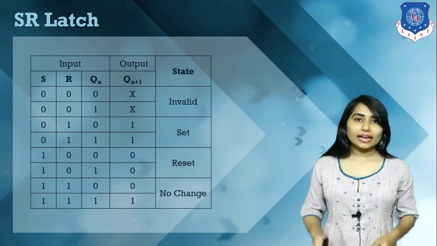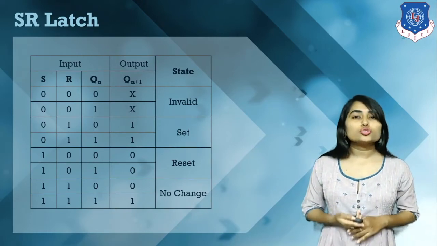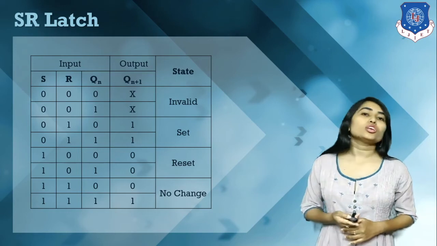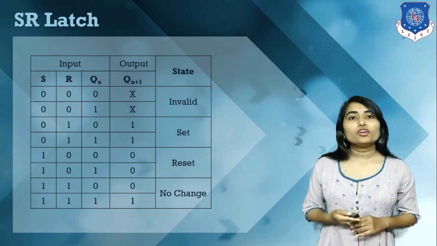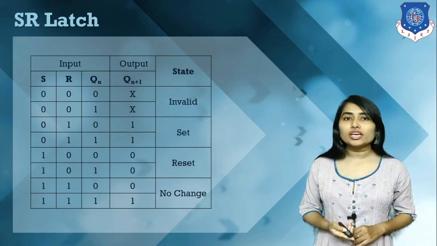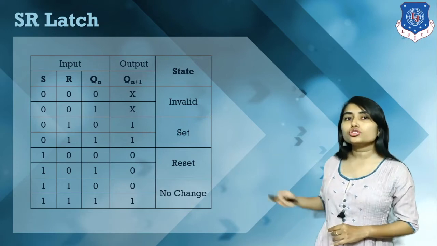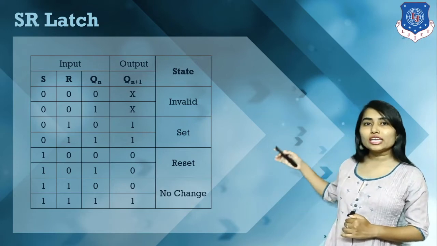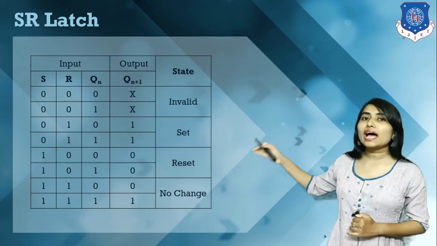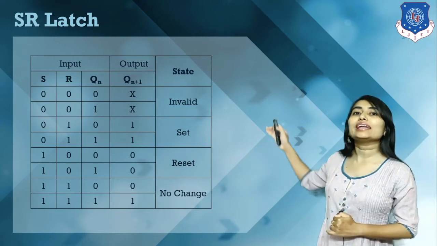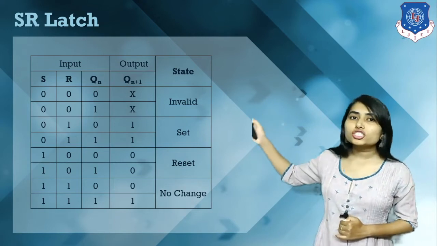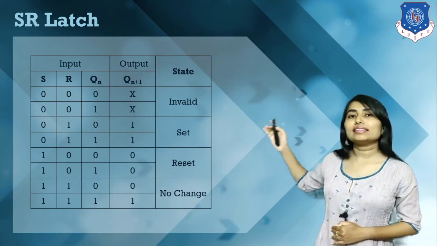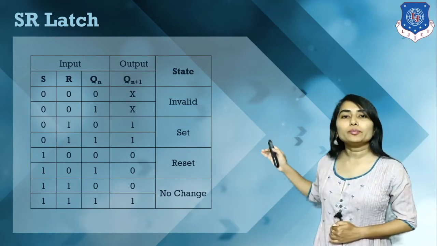This is an active low SR latch. So we have again 3 inputs, and for 3 inputs we have a total of 8 possible combinations. So here we write all the 8 possible values, and according to that we have our output, that is Qn+1. Here Qn is our past output and Qn+1 is our present output.